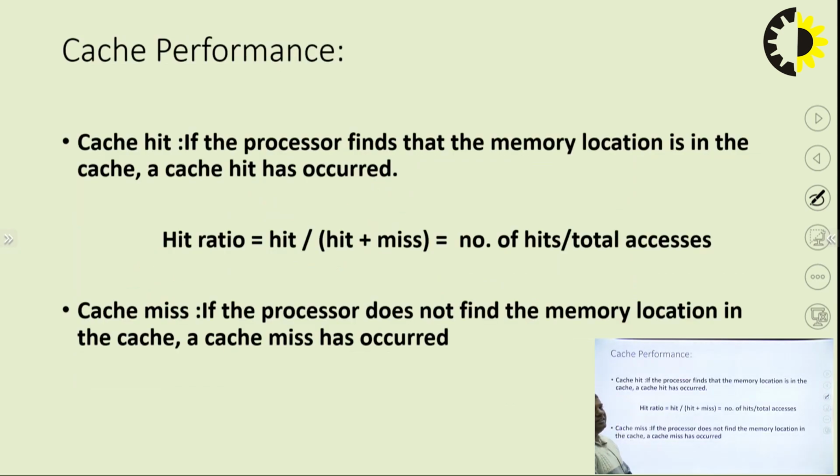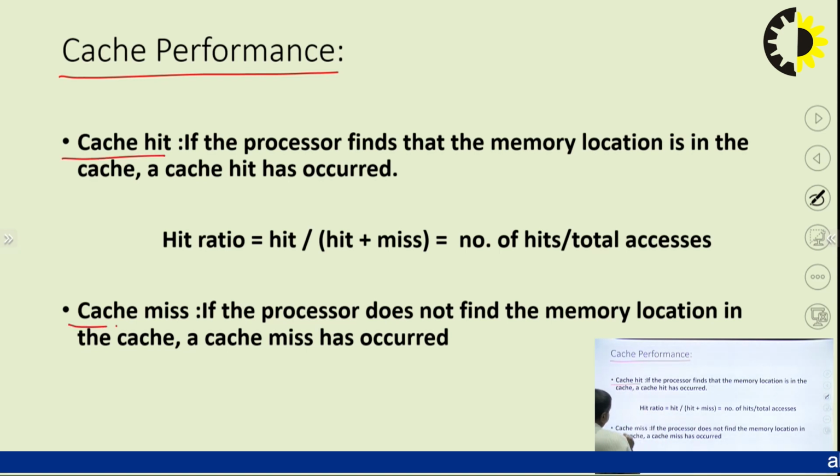Now we move to another important feature of the cache memory, that is known as cache performance. There are two parameters by which cache performance is calculated. First one is the cache hit, second one is the cache miss. What is the cache hit?